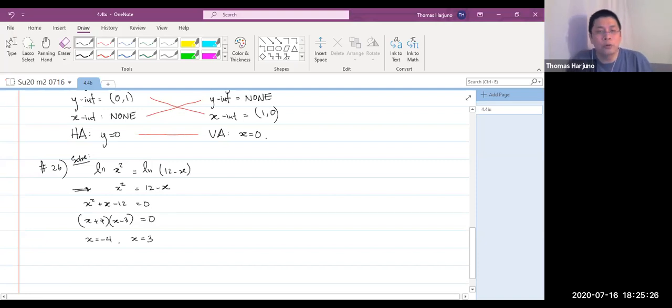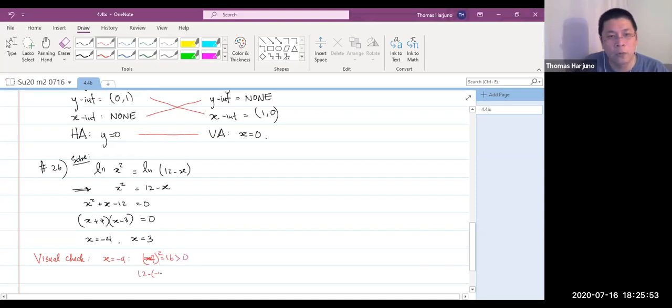Then you just visually check. So let me write it down, visual check. You don't need to show that. Visual check is, when x equals negative 4, is x squared positive? Negative 4 squared is 16, that's positive. And 12 minus negative 4 is also 16, that's positive.